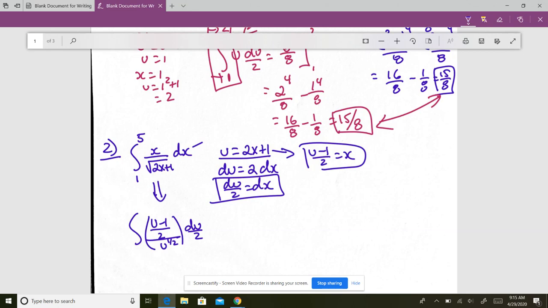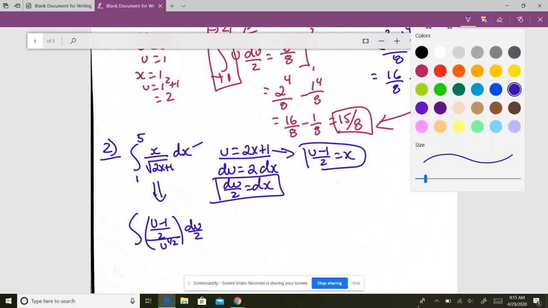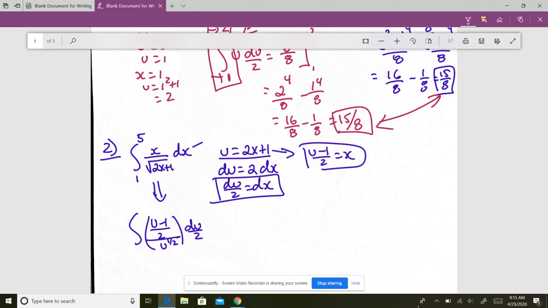And we should change the upper and lower bounds. When x is equal to 1, u is equal to, plugging it into 2x plus 1, 3. And when x is equal to 5, u is equal to 11.